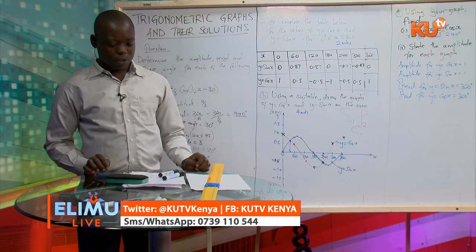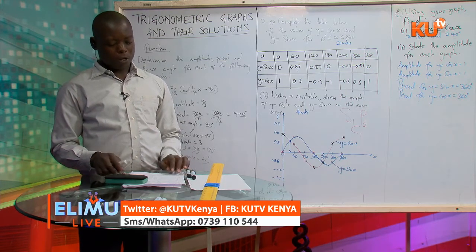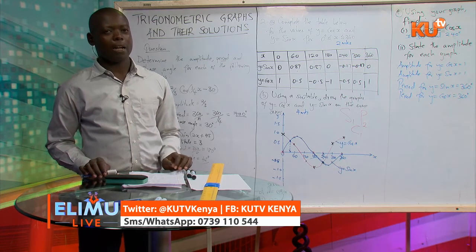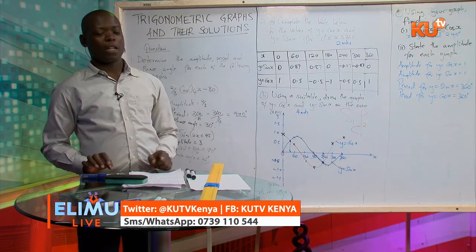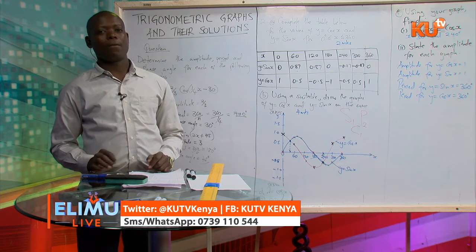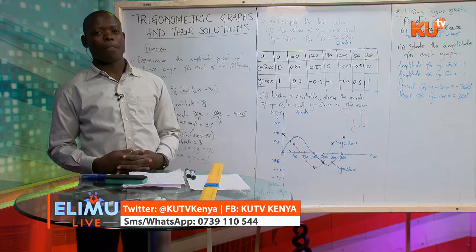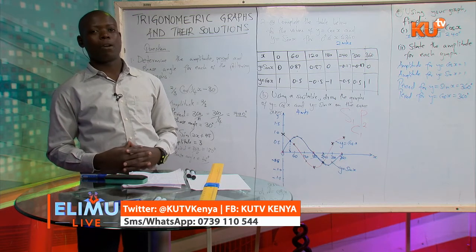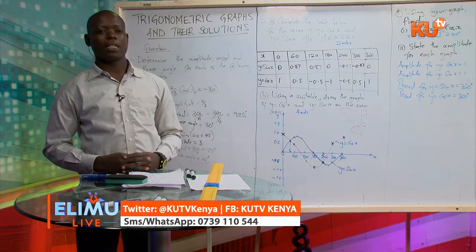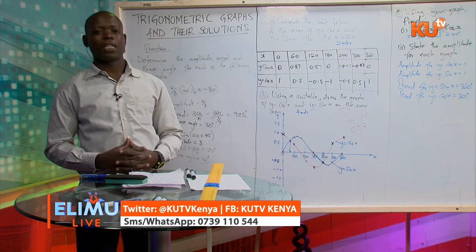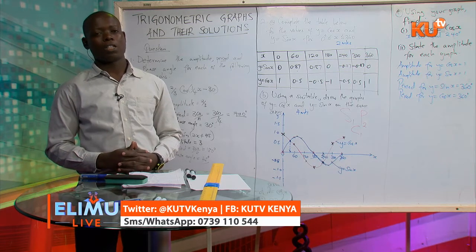Something that you also need to know is that for the tan graphs, we will be drawing them only if we have a specific phase angle, one that will make the graph continuous at the points 90 degrees, 270 degrees, 540 degrees, and so on.